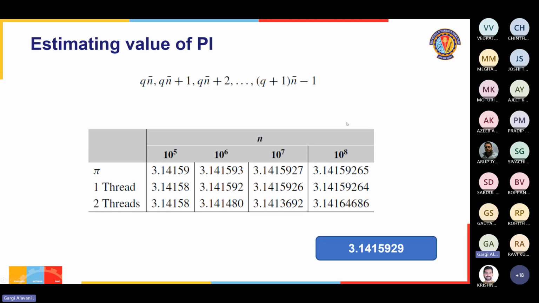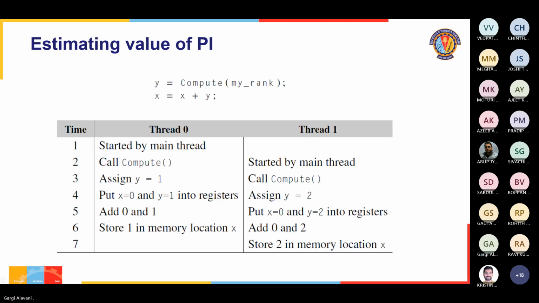So what exactly is happening here? For example, if you consider this example, where what you are trying to do is y is equal to compute of my rank. So here y is taking the rank, and in the next step x is getting updated with x is equal to x plus y. So thread 0 and thread 1 are trying to run the same code. When we are trying to do some updates in memory, as you might recall from computer architecture, addition or updating of memory does not happen in one cycle.